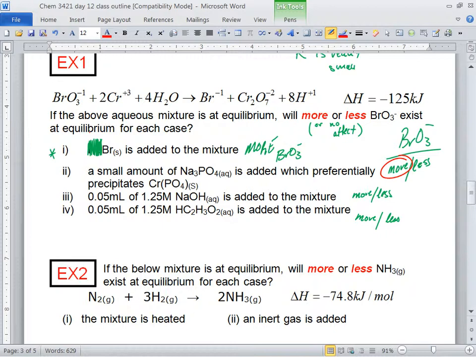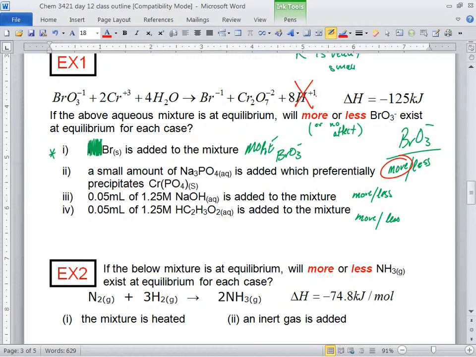Will hydroxide interact with any of this stuff? It'll interact with the hydrogen, right? Most definitely. It'll make what? Water. So this is gone. Well, now, which way is it going to shift? Andy, which way is it going to shift?